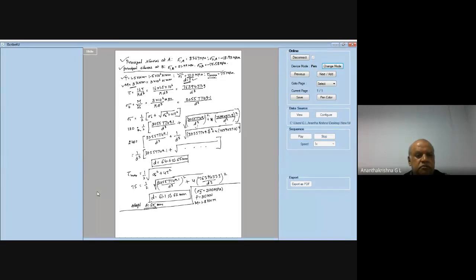Taking factor of safety as 2.5, determine diameter of the rod. Okay, that's the problem.